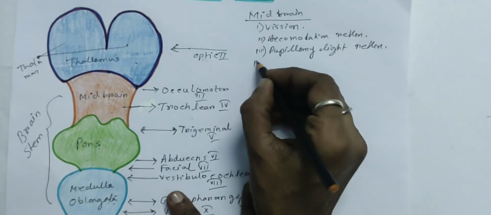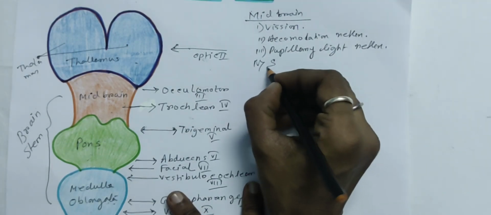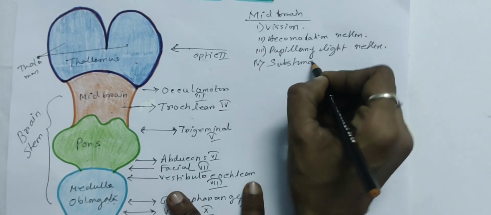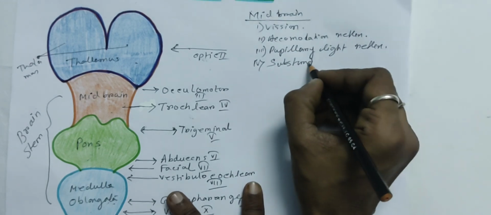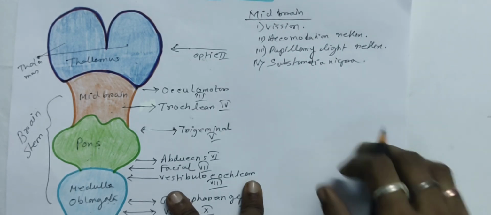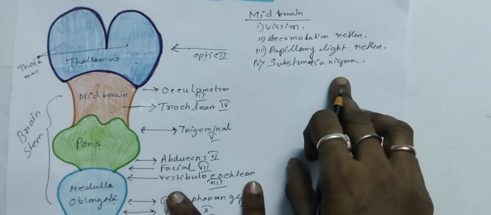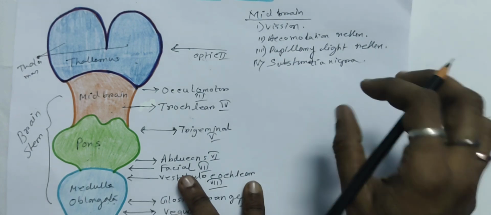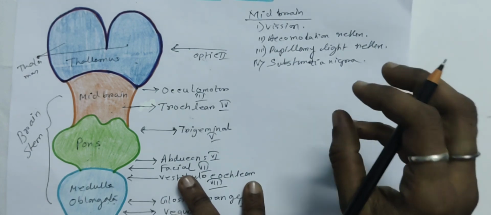And the fourth one is substantia nigra. What is that? Substantia nigra is a black substance. This black substance is due to the presence of melanin.